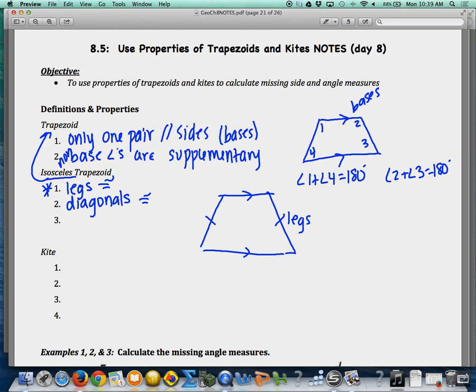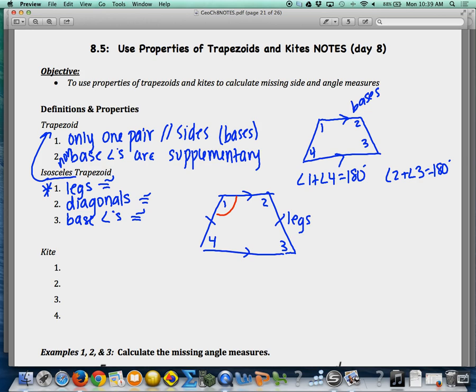What else is that a property of? A rectangle, yeah. Okay, and then the third important property of an isosceles trapezoid is that the base angles are congruent. So if we number them the same way as before, that means that angle 1 is going to be congruent to which other angle?